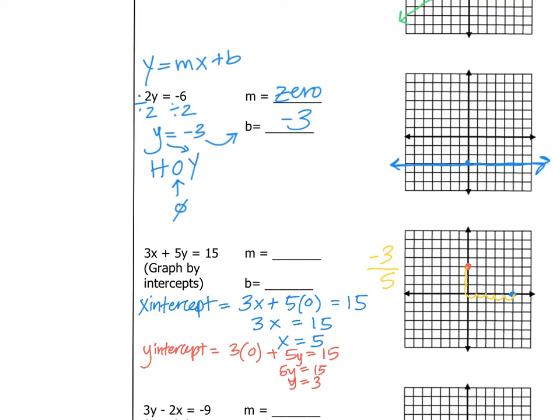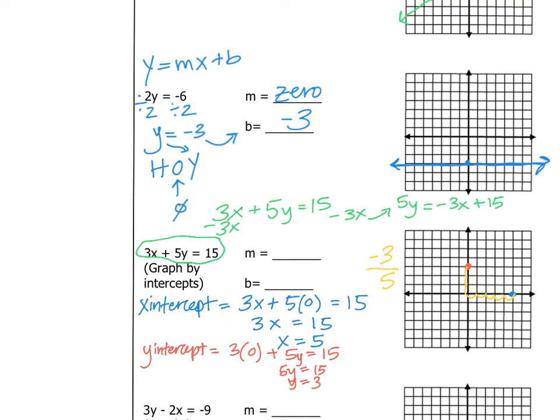There's also another way in which you could do this, and you could rewrite the equation that is given. I'm going to do this in green, so we could rewrite this and put it in slope-intercept form. And how we do that is we've just got to move some things around because we want to make sure we have y equals. Okay, so if I subtract 3x on both sides, then I have 5y equals -3x plus 15.